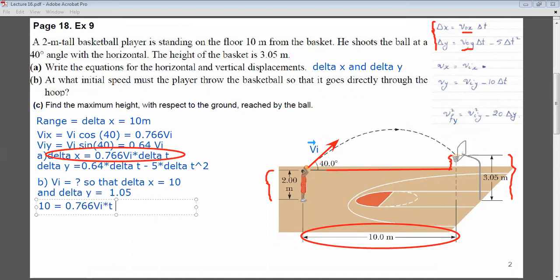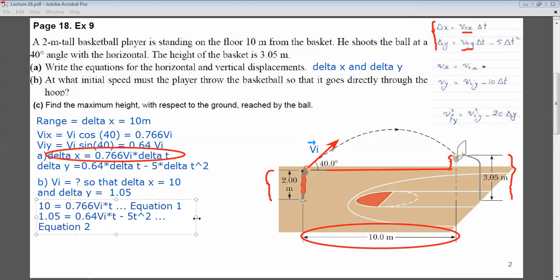Okay, this is equation 1. And the second equation, 1.05 is equal to 0.64 v initial times t minus 5 t squared. Okay, this is equation 2.